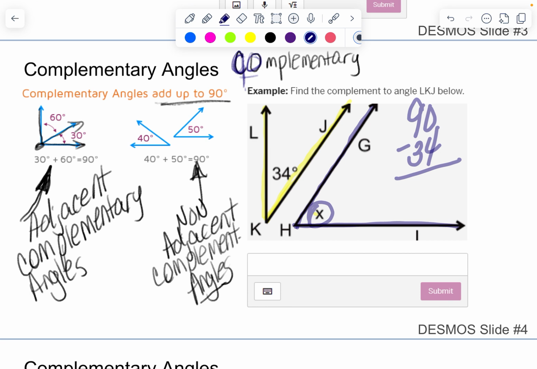I didn't bring my calculator in here with me, so I'm going to do it mentally, so bear with me a minute. 30 would be 60, 56. So angle X is equal to 56 degrees. And if you add 34 and 56, you will get 90 degrees.